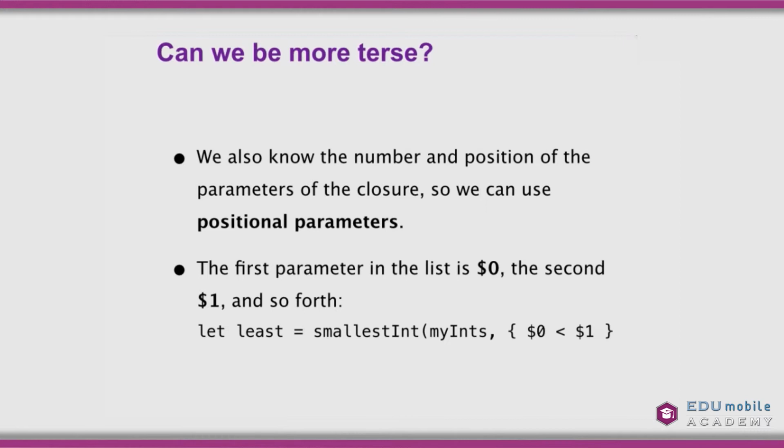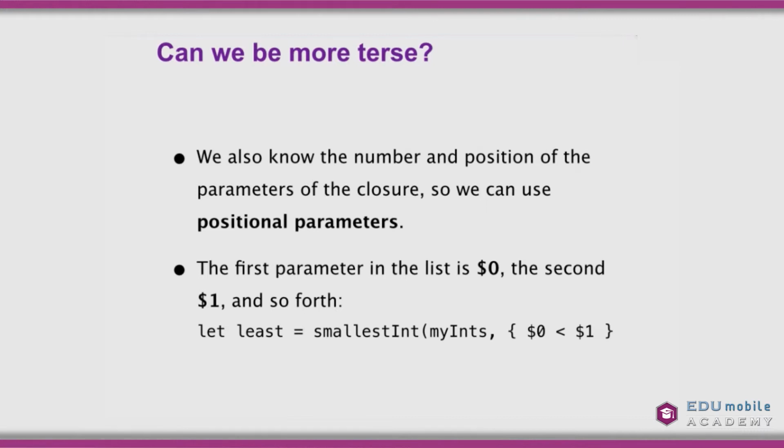Can we get more terse? Yep, we can. We also know in the closure the number and the position of the parameters. So we can use something called positional parameters to give us back those numbers.